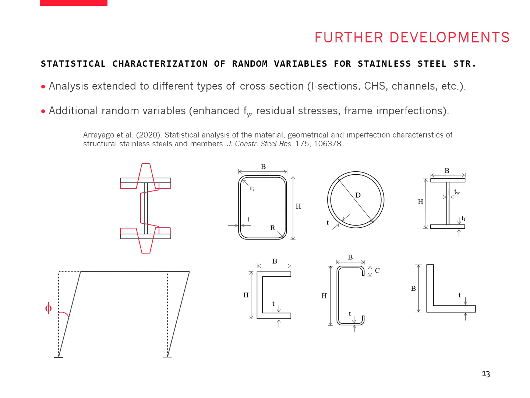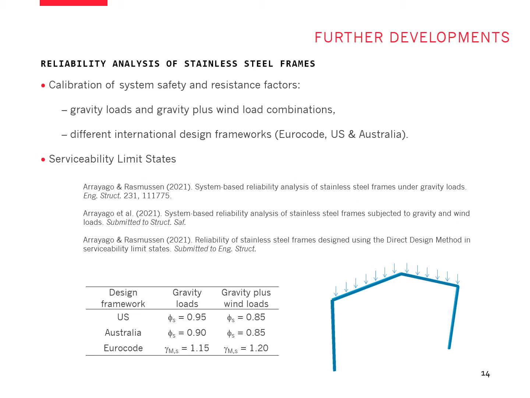Before finishing, I would like to say that during the last months, this work has been further developed in different areas. On the one hand, the statistical characterization of random variables has been extended to different types of cross-section and also to additional random variables, including the enhanced resistance due to coil forming, residual stresses, and member imperfections.